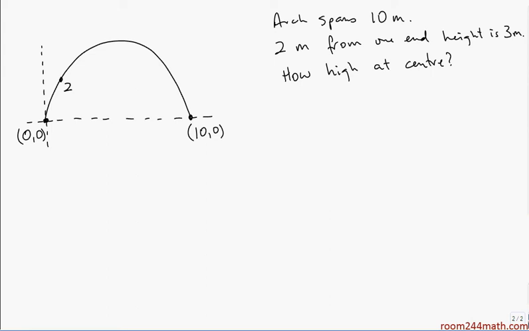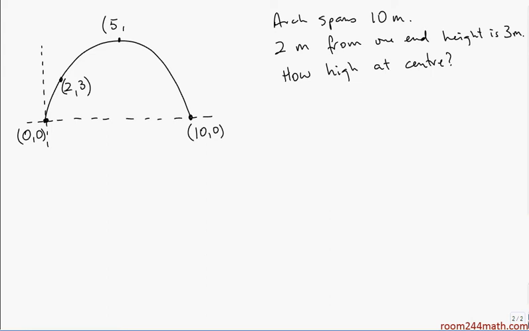And then 2 meters from one end, we could say the point 2, 3. So 2 meters from the end has a height of 3. And then we were just trying to figure out where is the vertex. Well, again, if you know the zeros, you know the x-coordinate of the vertex. It's just halfway in between 0 and 10. So we already know the x-coordinate is 5. But we're looking for the y-coordinate, which is the height.